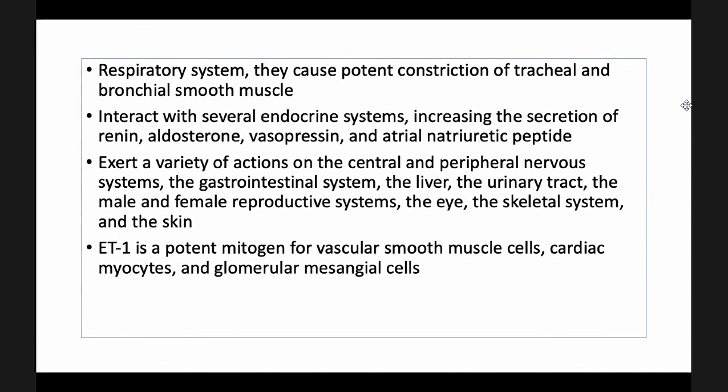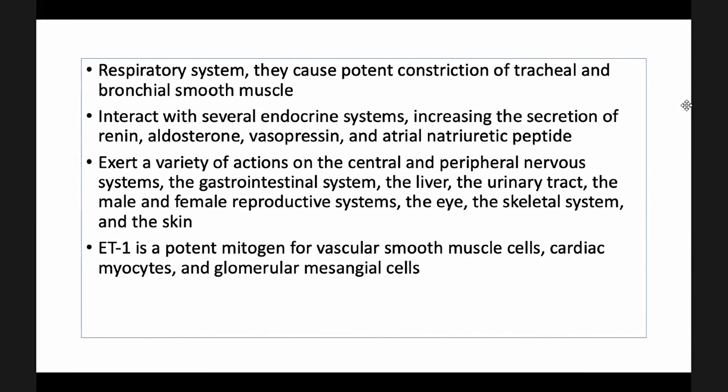In the respiratory system, it will cause constriction of tracheal and bronchial smooth muscle. So it will interact with several endocrine systems, increasing the secretion of renin, aldosterone, vasopressin, and atrial natriuretic peptide.